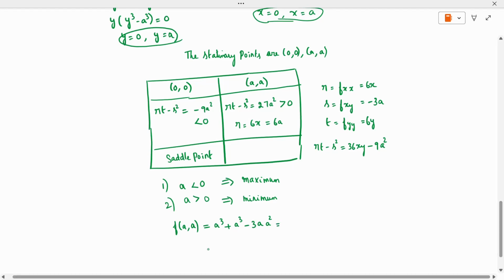So it's nothing but minus a cube is the answer. Write it separately: minus a cube. So completed. Thank you.